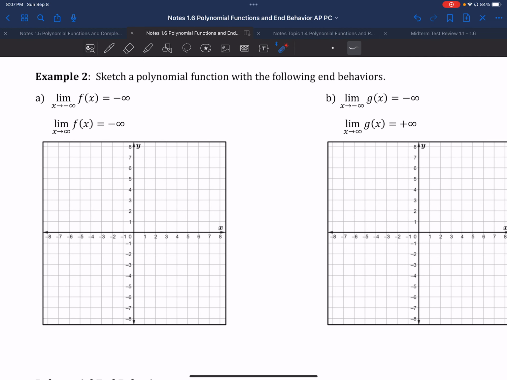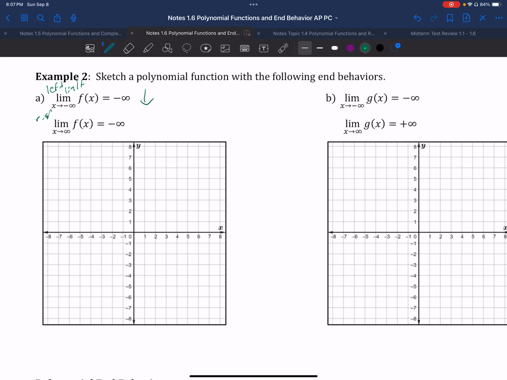For example number 2, they want you to sketch a polynomial function with the following end behaviors. Looking at A, they want the limit as x approaches negative infinity of f of x to be negative infinity. So I'm going to put a note here that I'm talking about my left limit, and that I am approaching negative infinity, meaning I have an arrow pointing down.